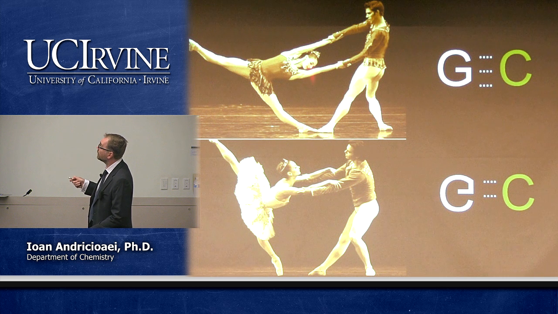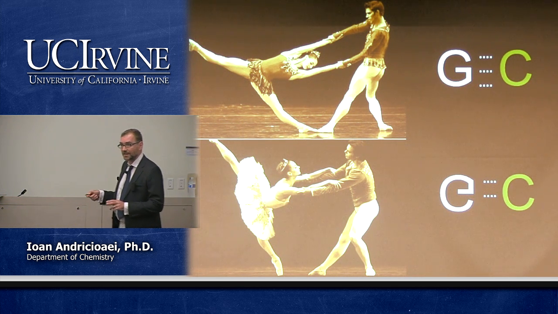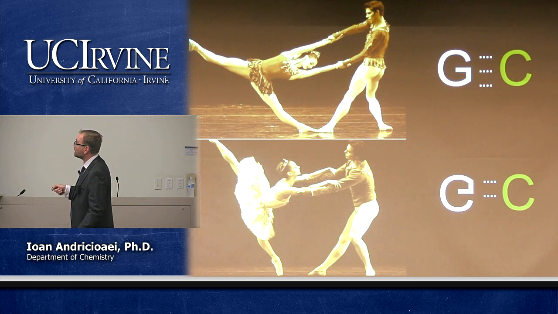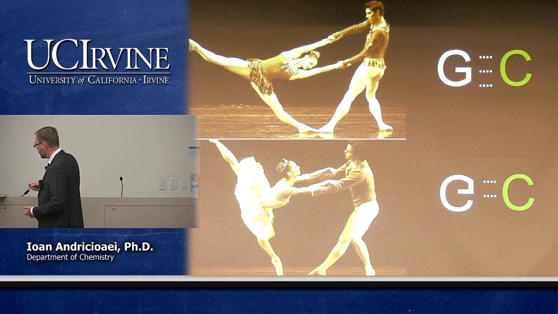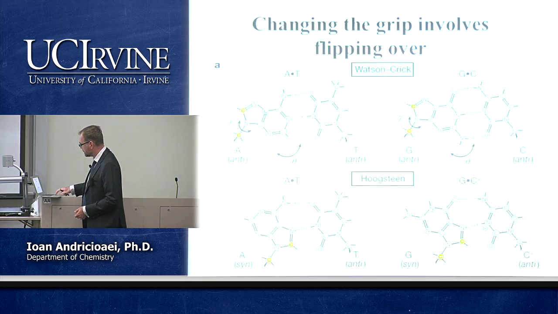Moreover, note that the right hand of this performer grabs the right hand of this performer, but here his right hand grabs her left hand. So there is a change in the acceptor-donor pair that hydrogen bonds. In other words, it involves a flip over, but at the same time a rearrangement of the acceptor and donor positions of the 2 bases.